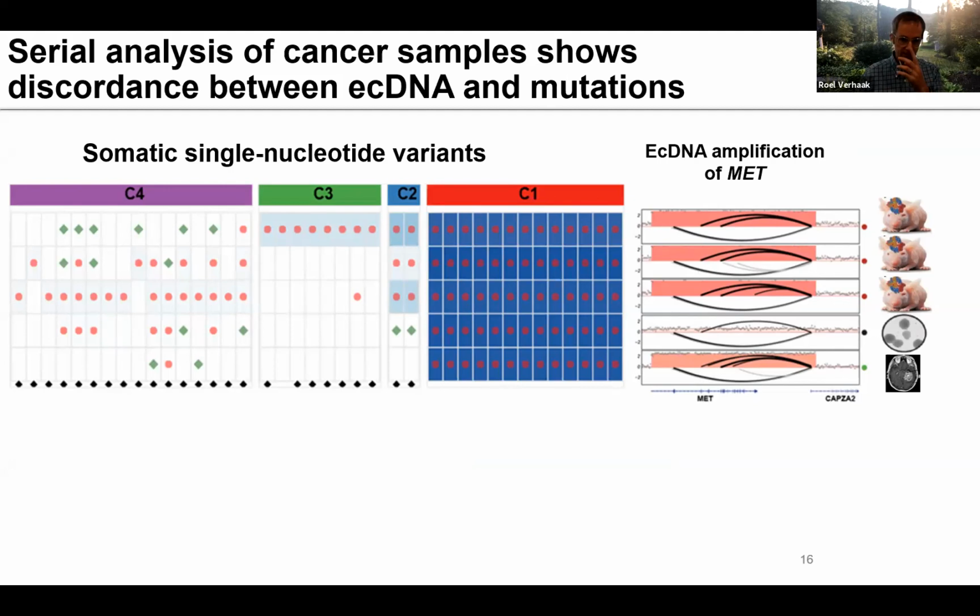And when we made that observation, we concluded that the only way we can explain that is because the mutations, which are residing on linear chromosomes, inherit differently from the extrachromosomal DNA, which is on a circular element that is not being segregated evenly.